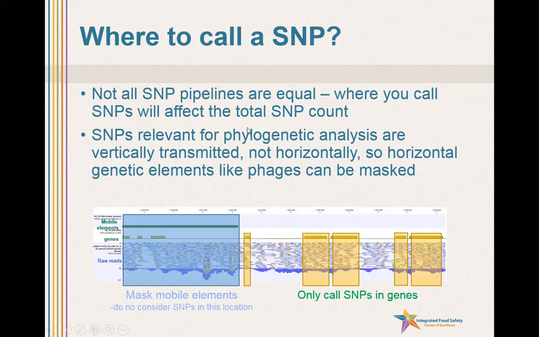The other question, and that gets back into some of the discussion we had about recombination, is that not all SNP pipelines are equal, and where specifically SNPs are called affects the total SNP count.